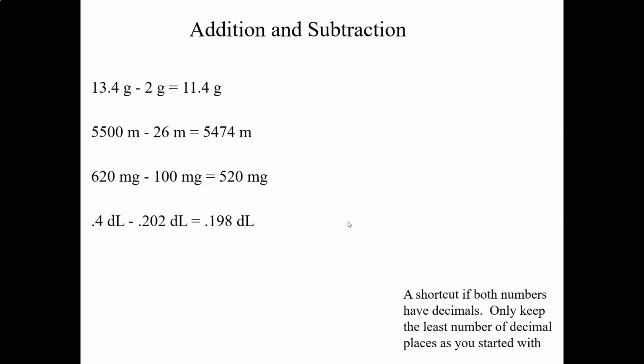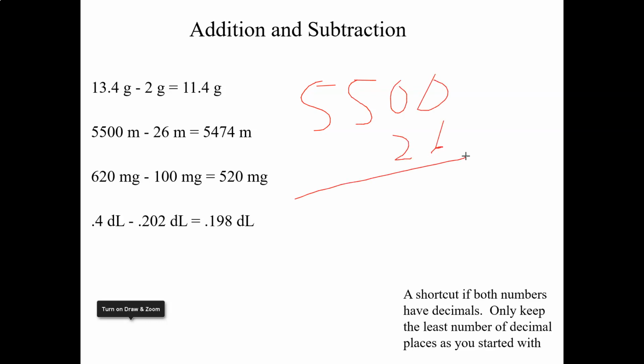Let's see. So what about 5500 minus 26 yields 5474.